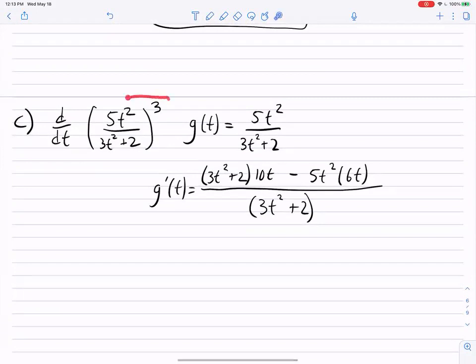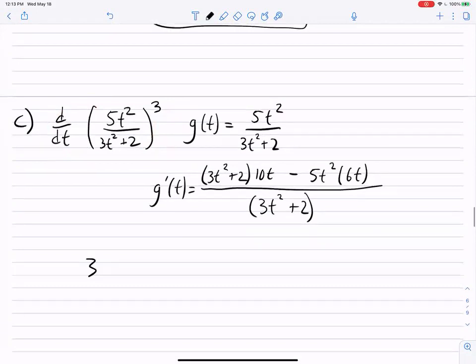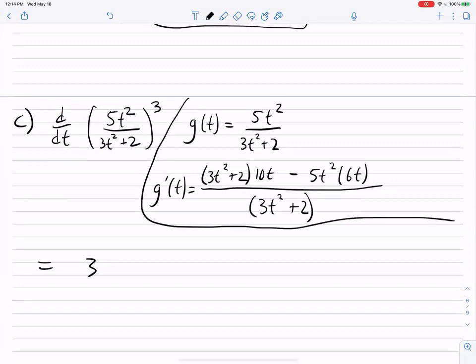To take the derivative of this whole thing, I take the derivative of the outside function, which is the cubed, and so it becomes 3. The whole derivative will be 3 times the original thing inside, 5t squared over 3t squared plus 2, and then you subtract 1 from the power, so it's squared.